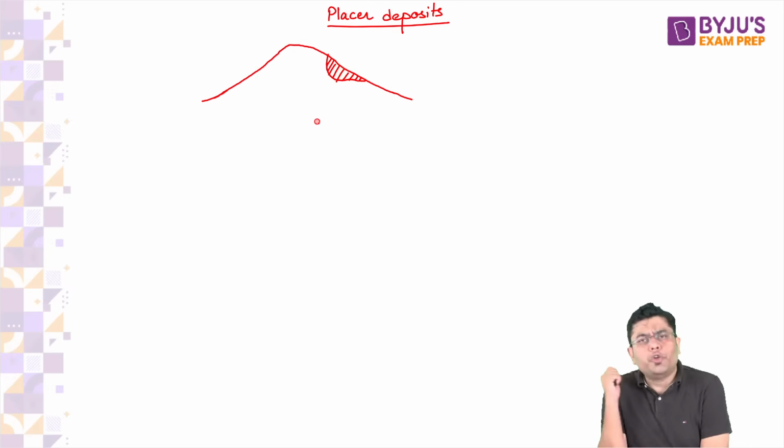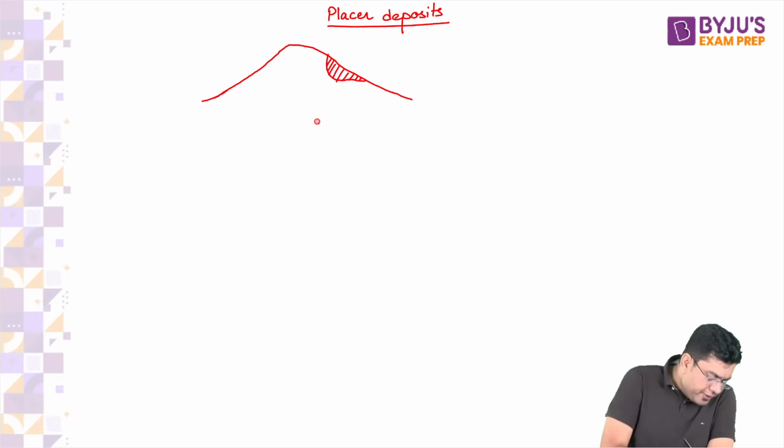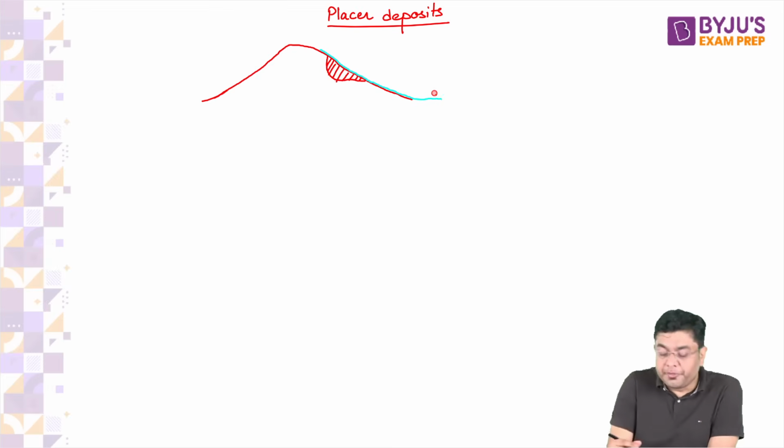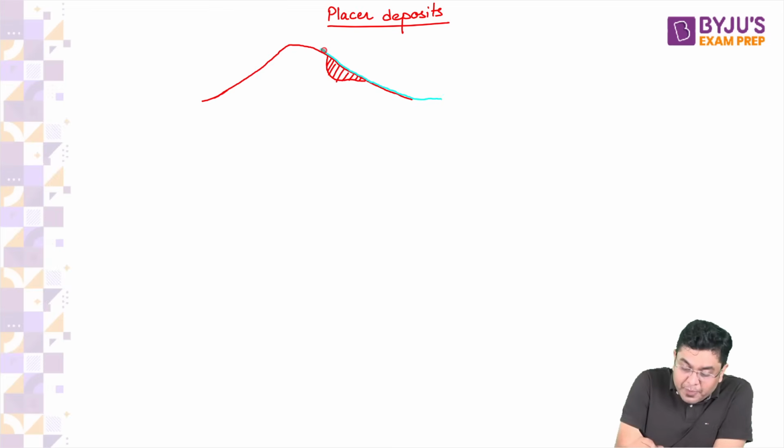Gold, or any kind of mineral, which is not soluble in water. Now, if a river flows through this particular region, let's assume a river is flowing through the slope, that river will carry a significant amount of these particles.